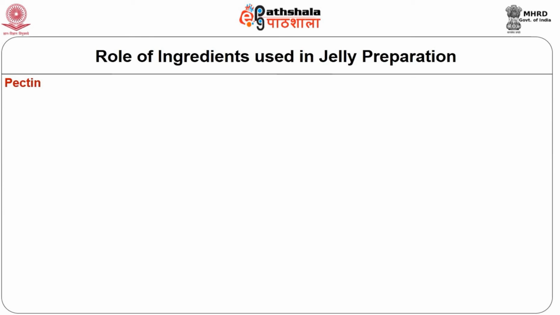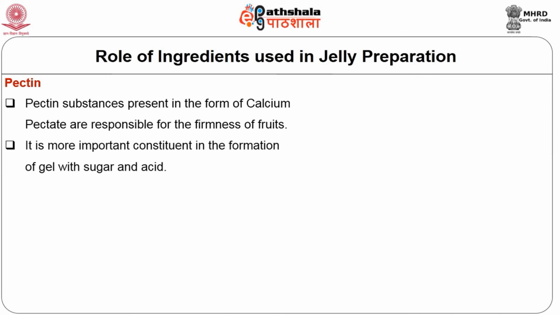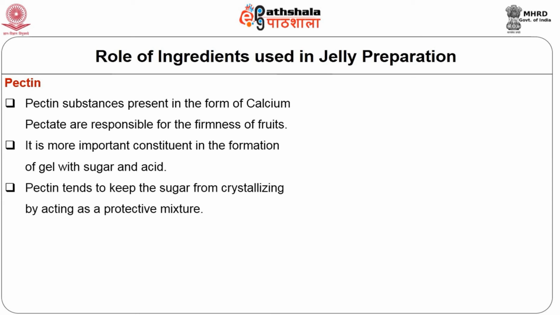Next ingredient is pectin. Pectin substances present in the form of calcium pectate are responsible for the firmness of fruits. Pectin is the most important constituent in the gel formation with sugar and acid. Pectin tends to keep the sugar from crystallizing by acting as a protective mixture.